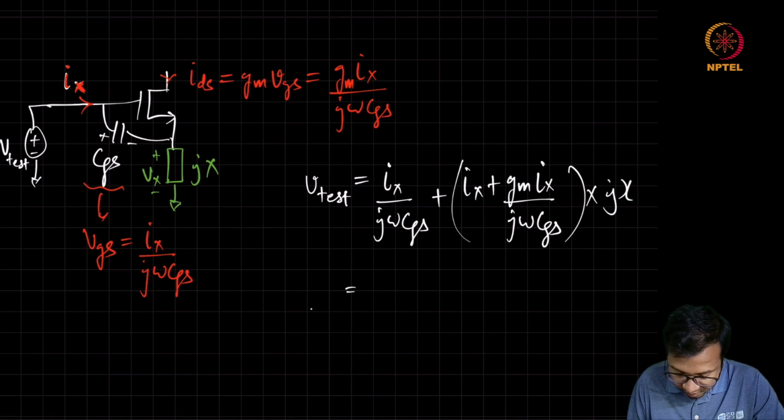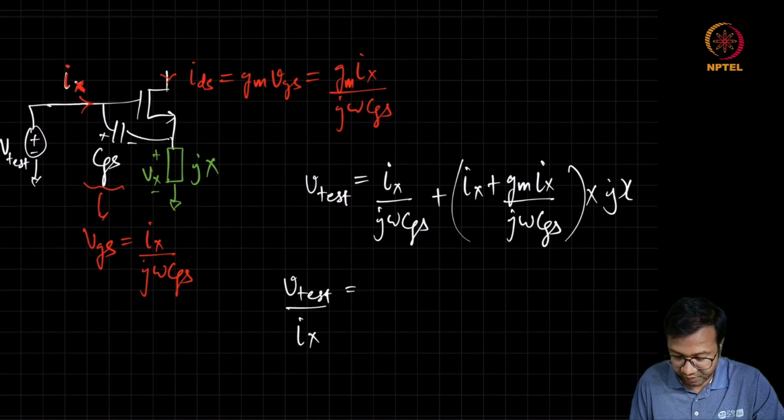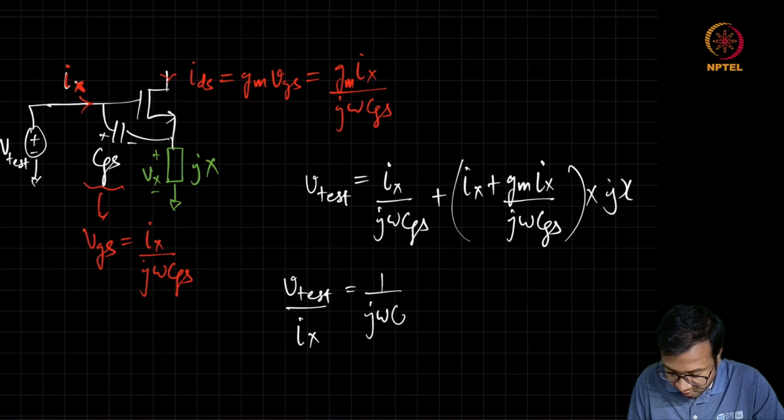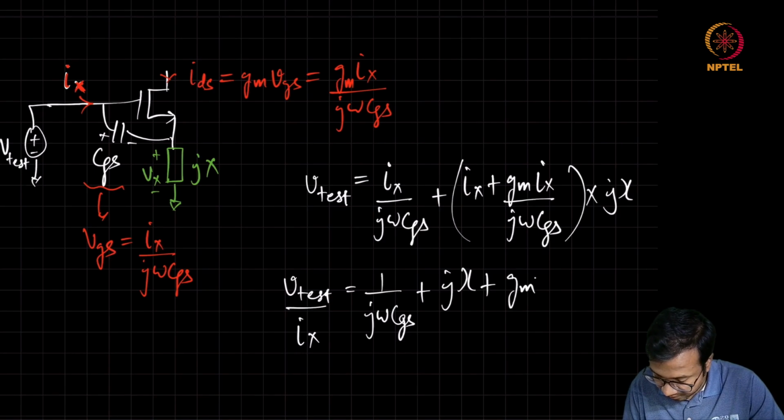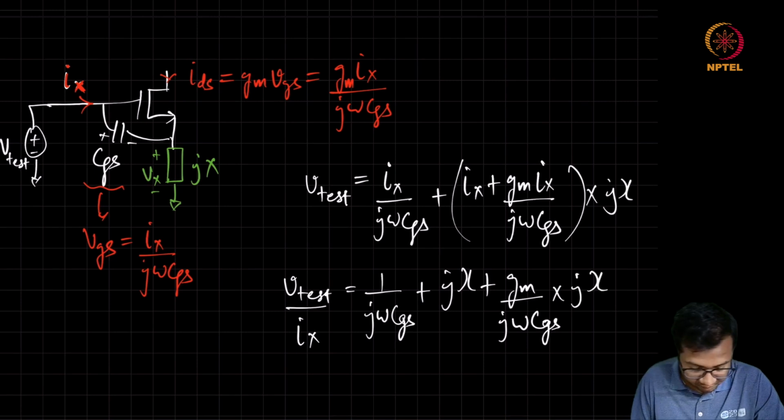Now we can see, if we look at the input impedance, which is V test by Ix, it's going to be equal to 1 by j omega CGS plus jX plus gm by j omega CGS into jX.